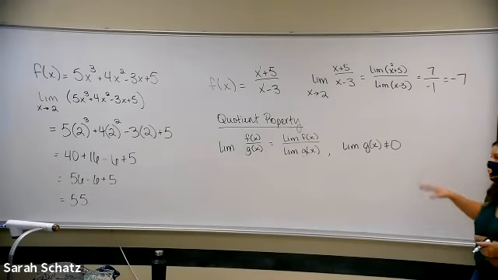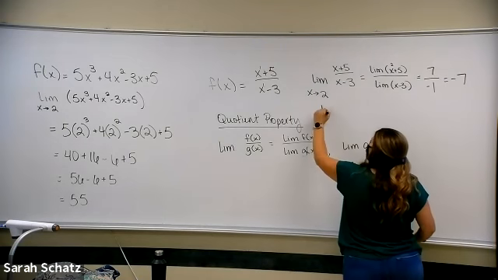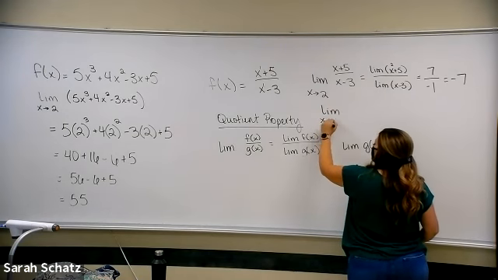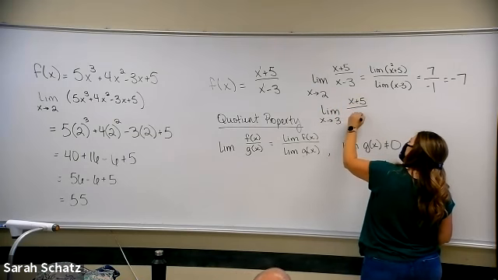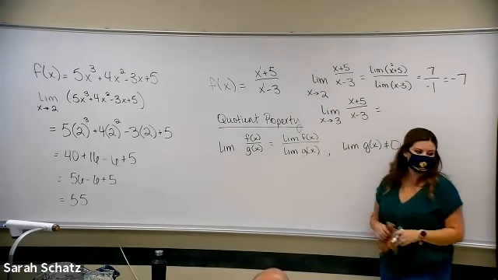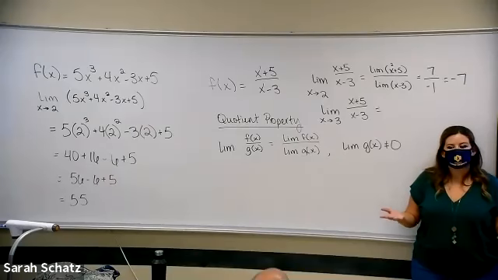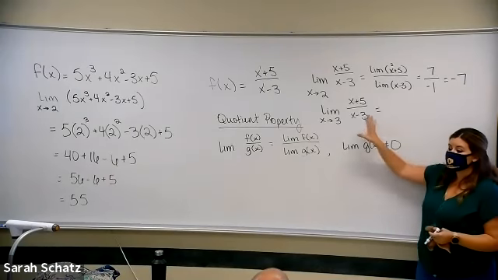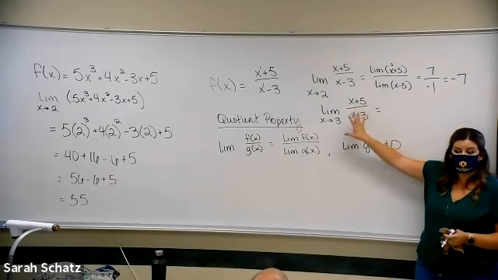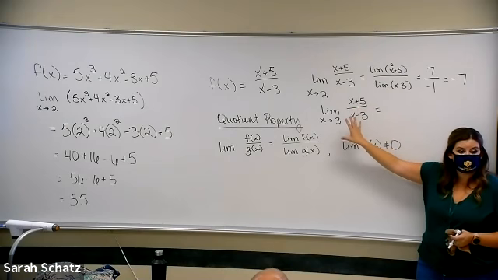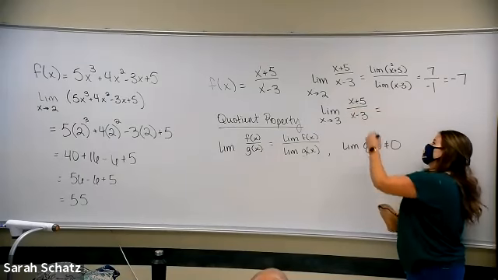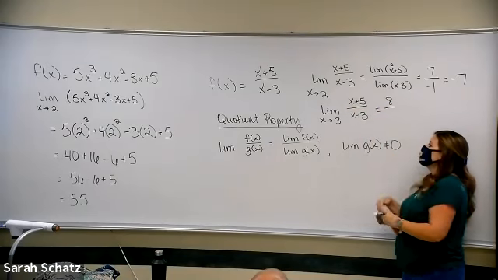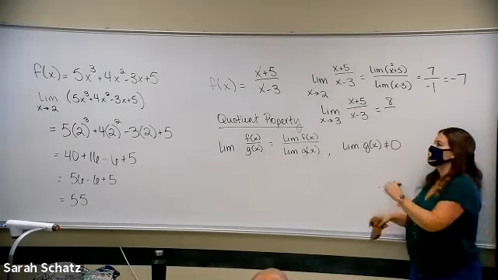Just sticking in x, when will it not work? Right, this is a problem. You can use the quotient property until you're blue in the face, but it's not going to change anything. You're going to put a 3 in here and get an 8 on top, but you're going to put a 3 in here and get a 0.